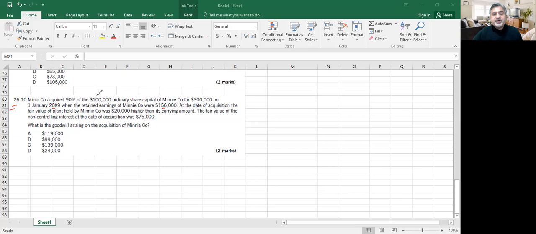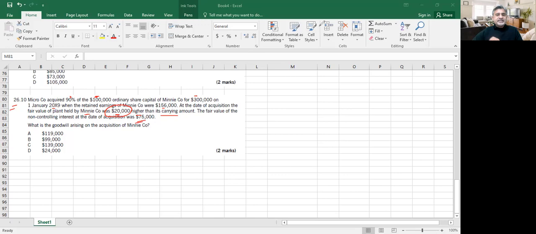So their total share capital was 100,000. They purchased 90% of that and they paid 300,000. At the date of acquisition, the fair value of the plant held by mini company was 20,000 higher than its carrying amount. So now there is a difference between the carrying amount and the fair value, and we need to take care of how this 20,000 is going to impact us. Plus, the fair value of the non-controlling interest at the date of acquisition is 75,000.